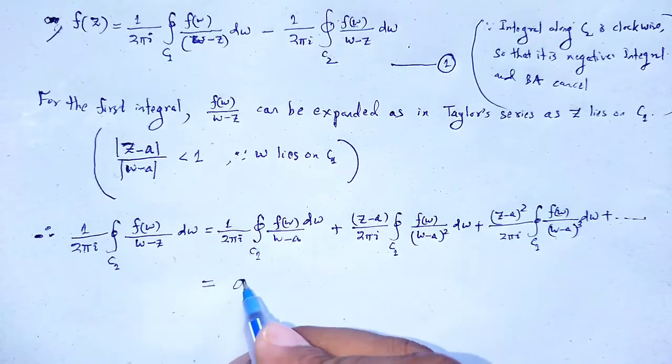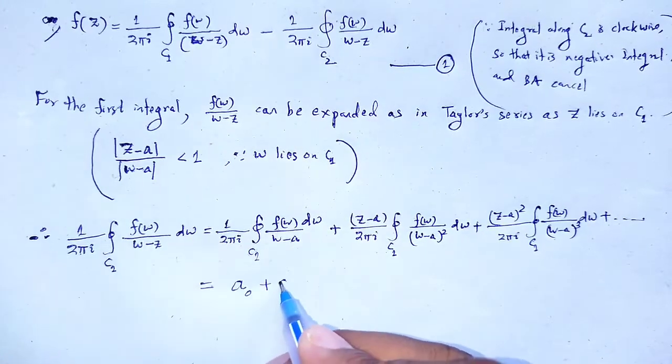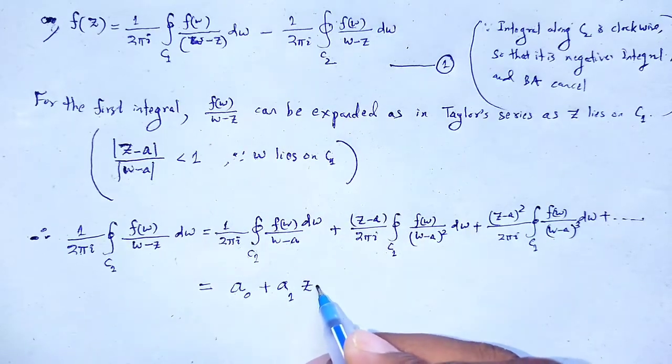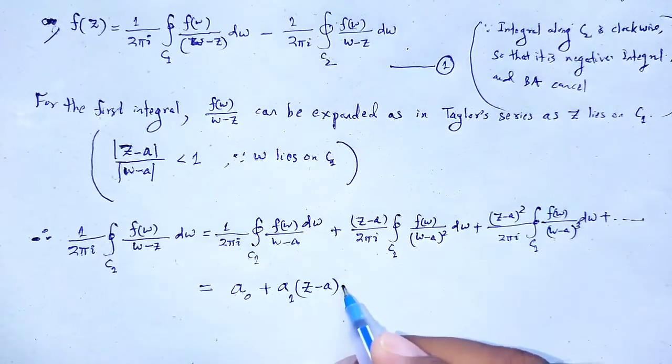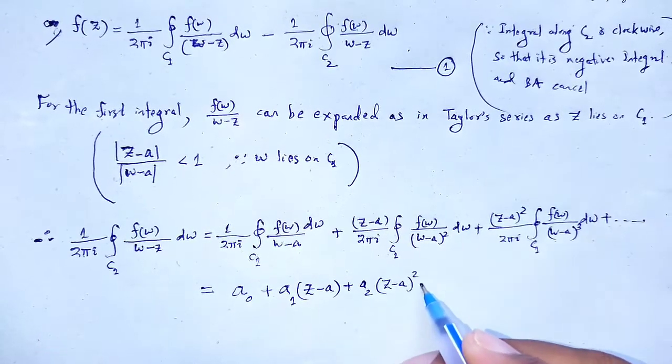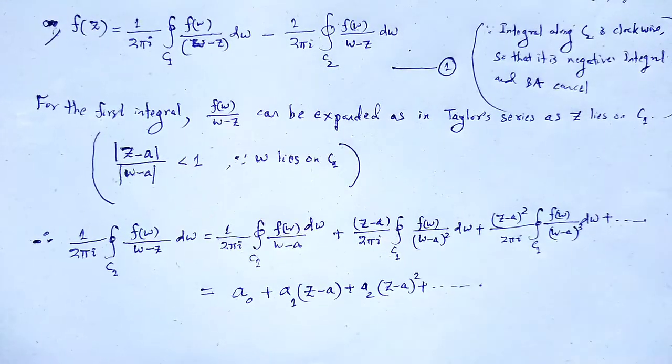It is a0 plus a1 (z minus a) plus a2 (z minus a) squared plus dot dot dot.